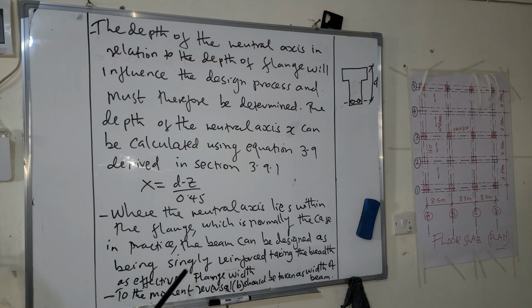In practice, the beam can be designed as being singly reinforced, taking the breadth as effective flange width. And then, for moment reversal, b should be taken as width of the beam.